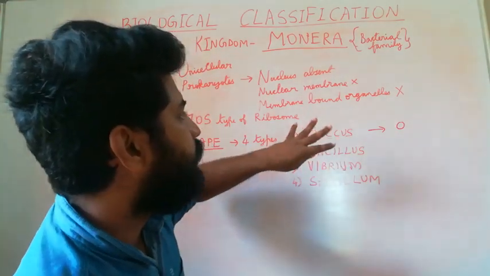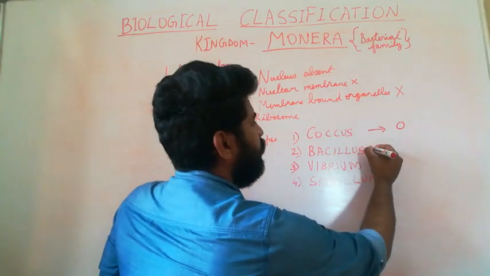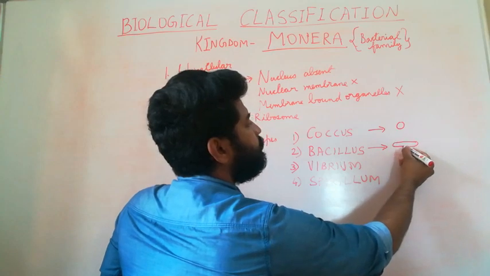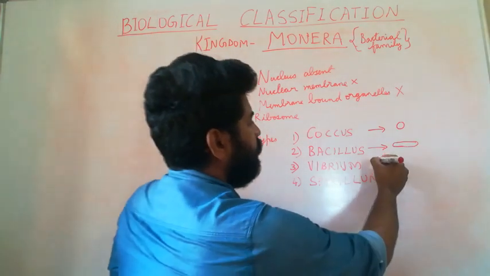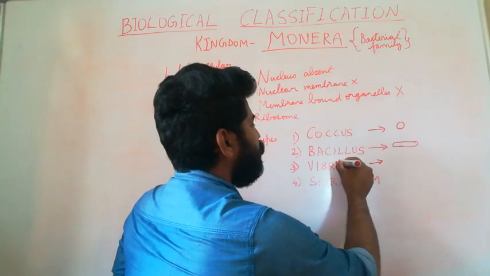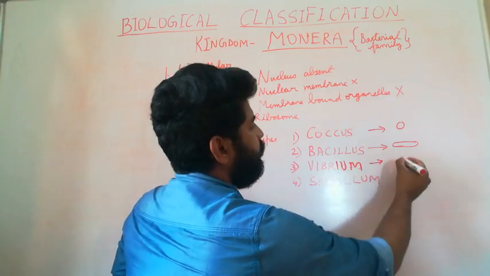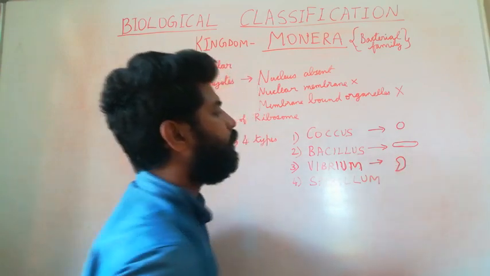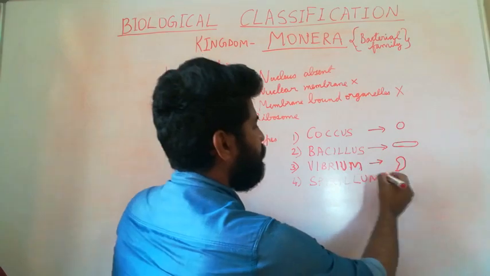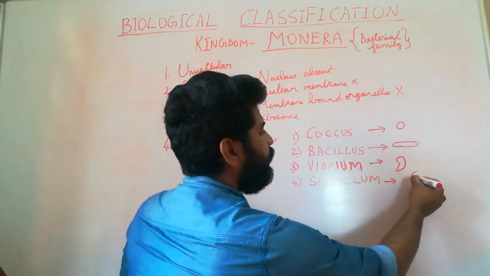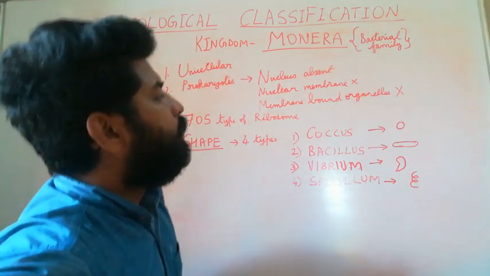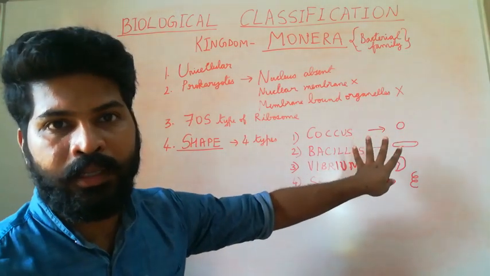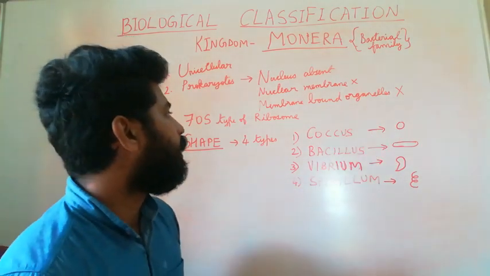So these are the spherical shaped bacteria. The bacillus is a rod shaped bacteria. The vibrio is a kidney shaped or comma shaped bacteria, and spirillum is a coiled bacteria. So these are the common shapes of different bacteria that are seen.